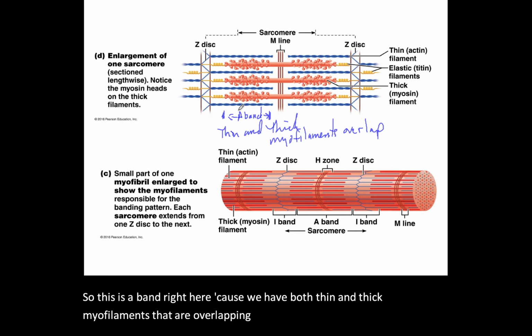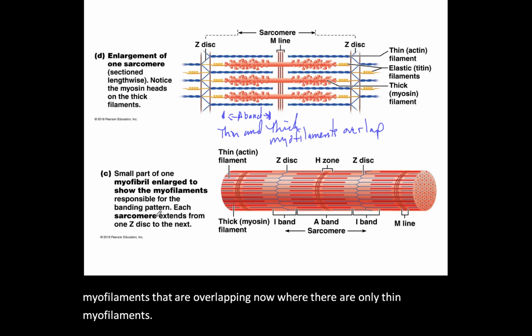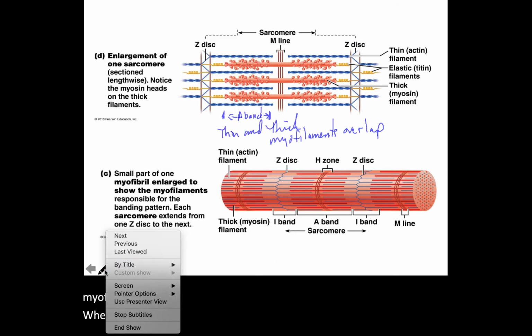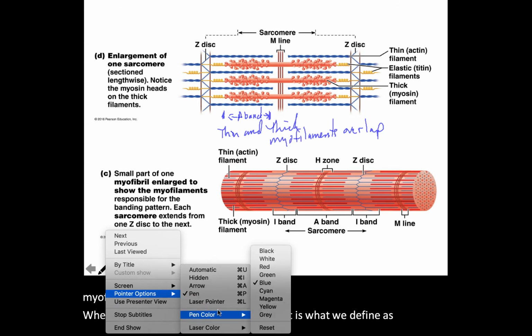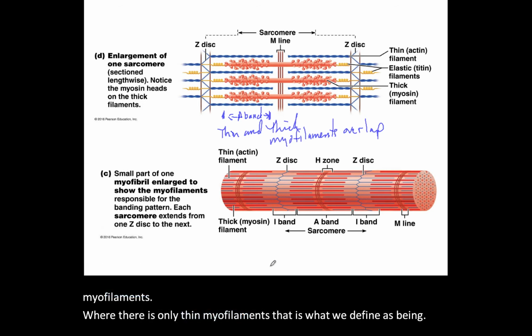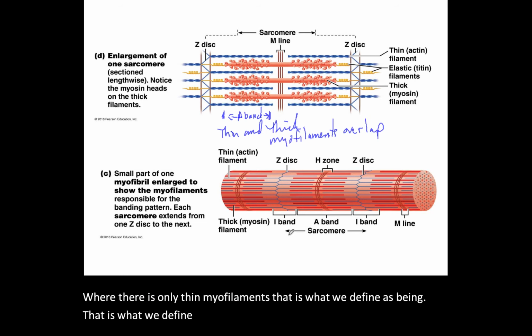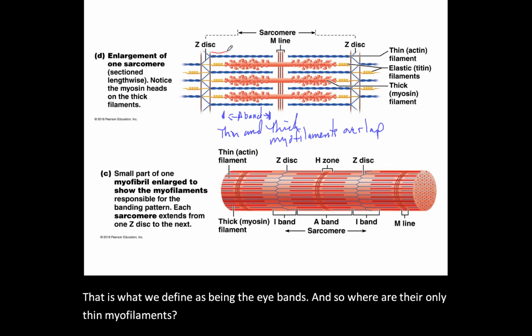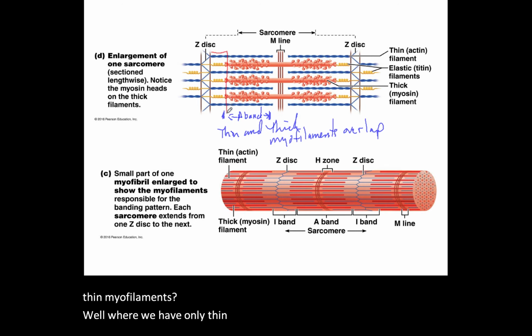Now, where there is only thin myofilaments, that is what we define as being the I bands. And so where do we have only thin myofilaments? Well, right here.